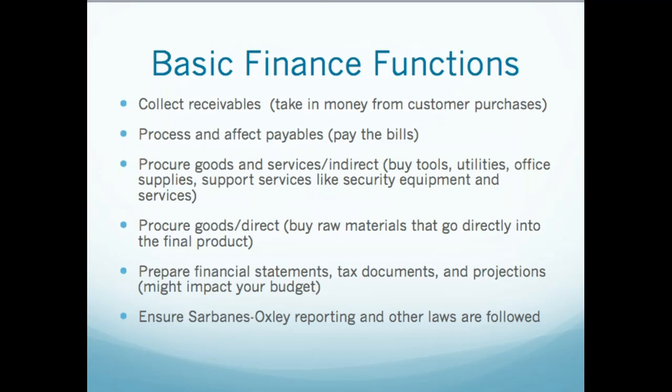Those would be direct. They're something you're buying that goes directly into your product. Indirects would be the tools to put it together, possibly landscaping services, security services like guard bills and things like that. Those are indirect. You don't need those to make the product.